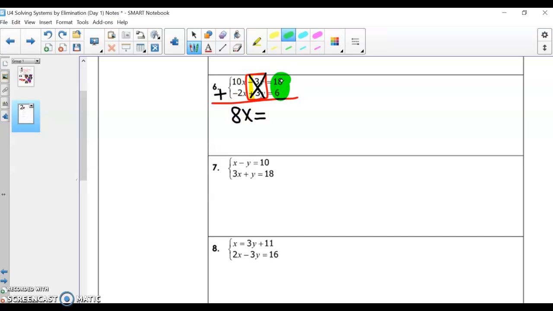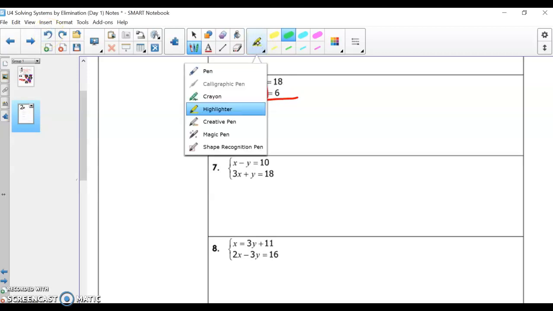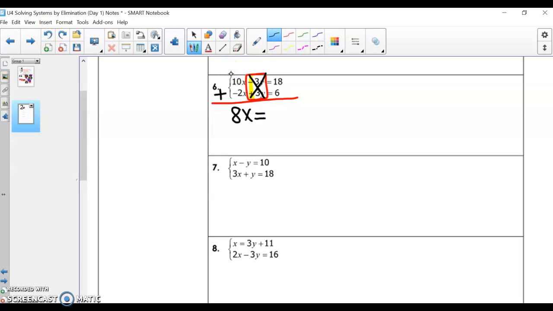So again, we're going to want to add these, treat them like a big addition sign. If you grab your calculator and do 18 plus 6, see what you get. I'm going to get rid of these highlighting spots so we have less stuff on here. 18 plus 6 is going to give you 24.